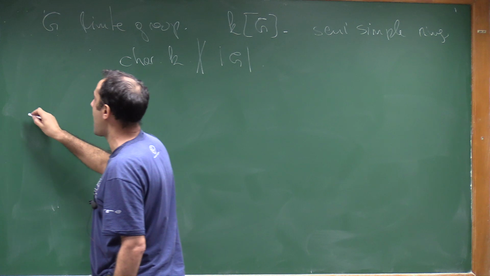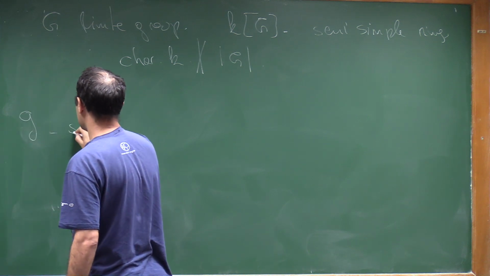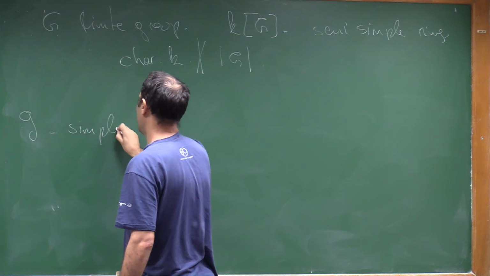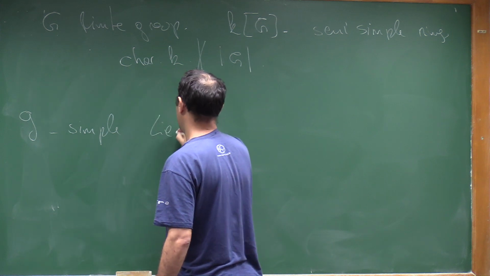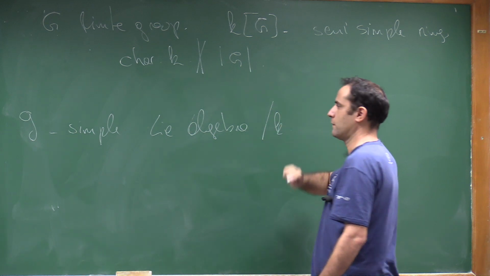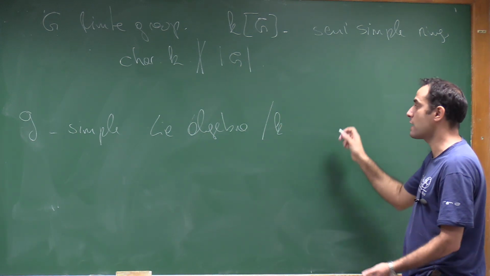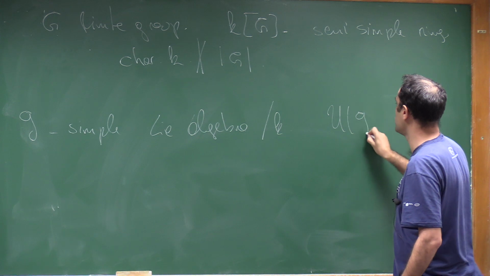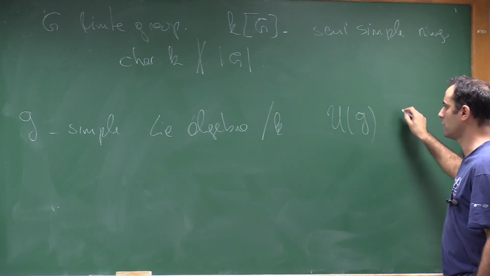The same statement happens when G is a simple Lie algebra over a field K. Well, this is not a ring, but the universal enveloping algebra of G is a ring, it's a K algebra.